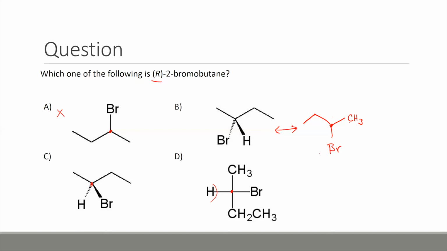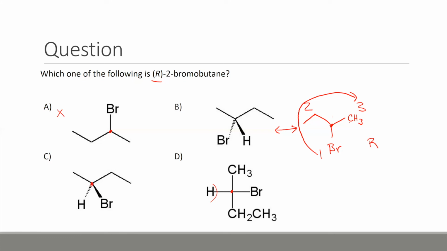So our priority would be 1, 2, 3. And in this case, this is rotating this way, which is clockwise. So this would be R. Let's check our other ones.